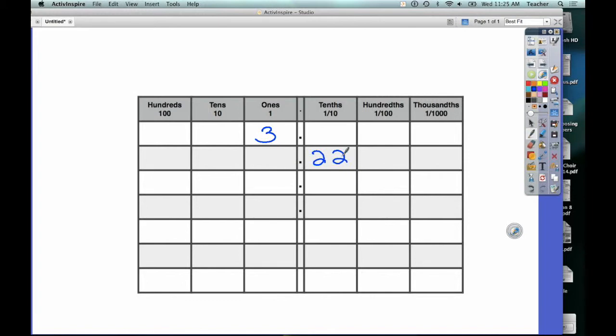One place to the left. So if I take off one of my 2's, where's it going to go? To the left.